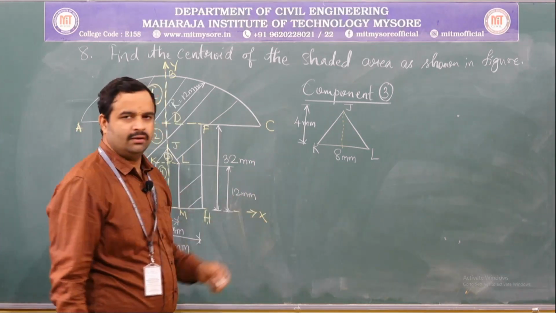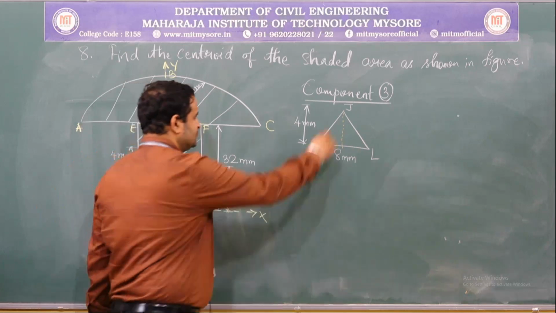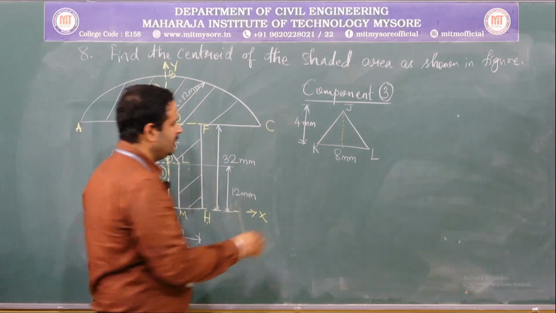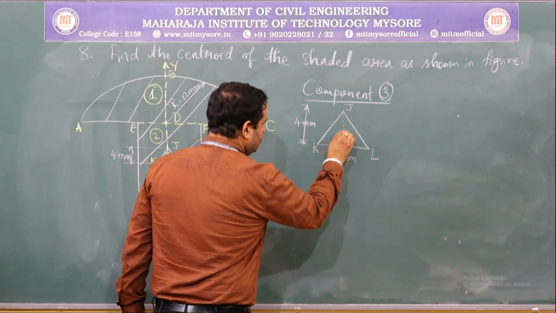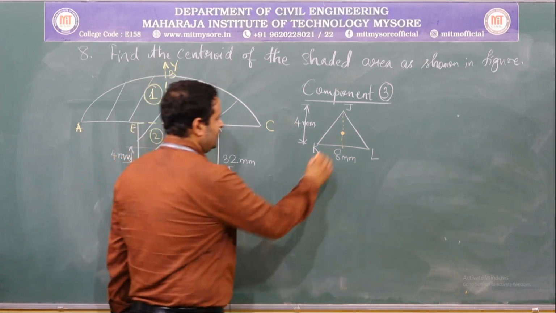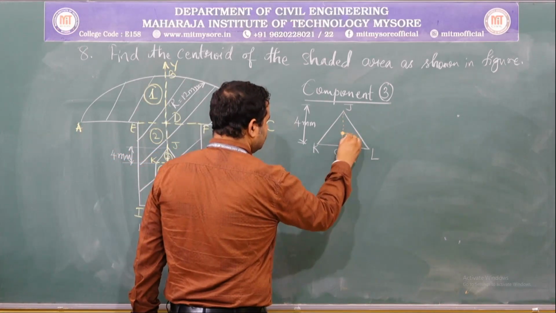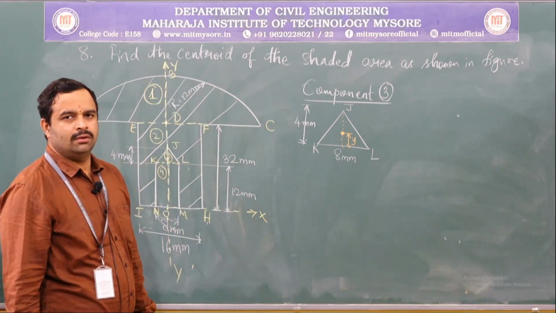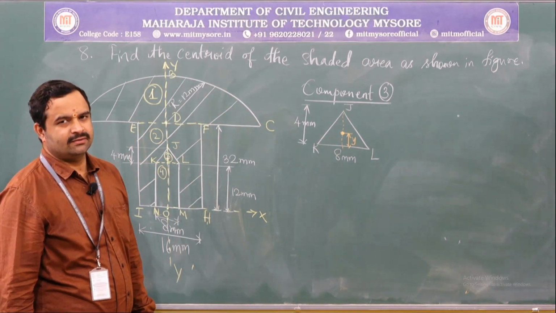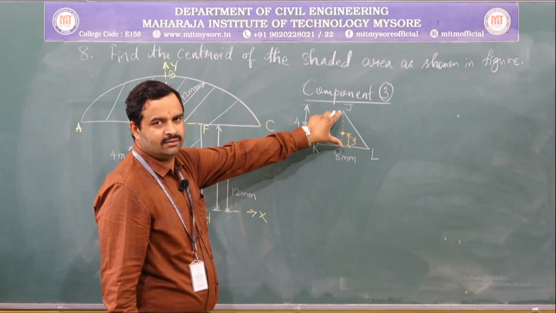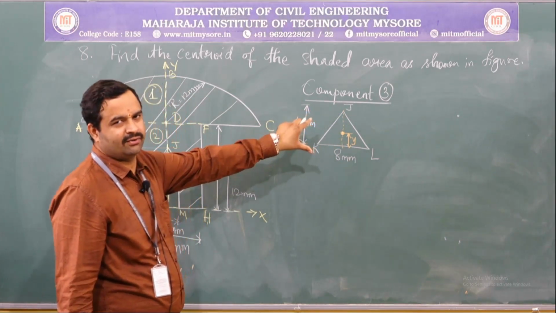Here it is along this line where the y bar will be located, and this will be the location of the centroid of a triangle, and this will be its y component, which will be equal to what? B by 3 or h by 3? It is h by 3, which we had already derived.